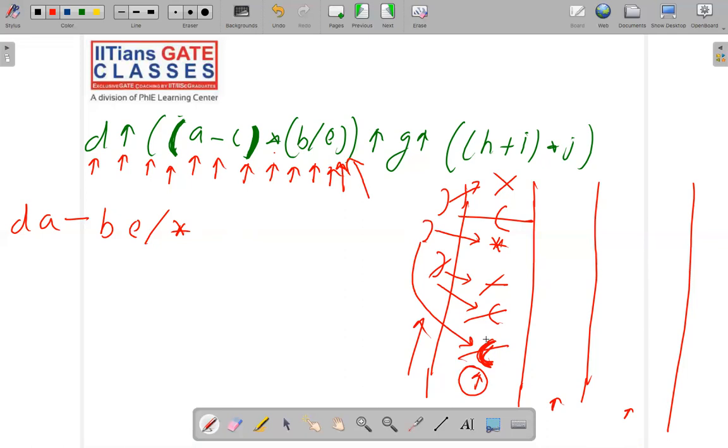Okay. So the point here is, in case of braces evaluation, people can ask you that after this brace, what is the state of the stack? What is there in the stack?